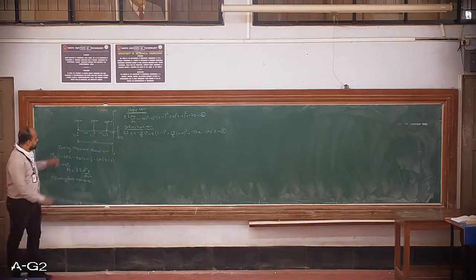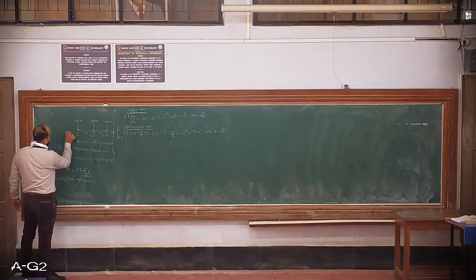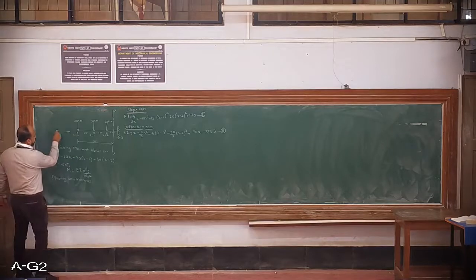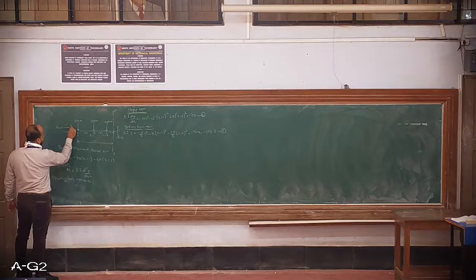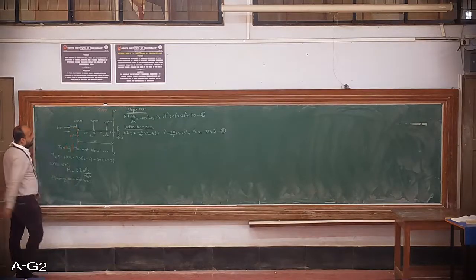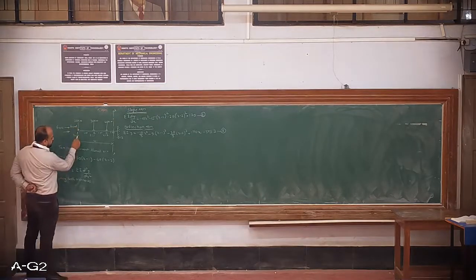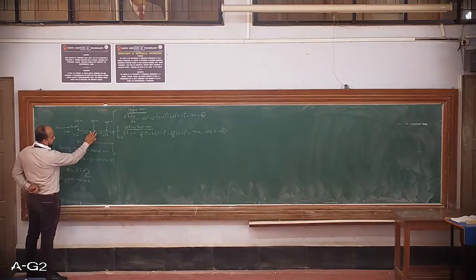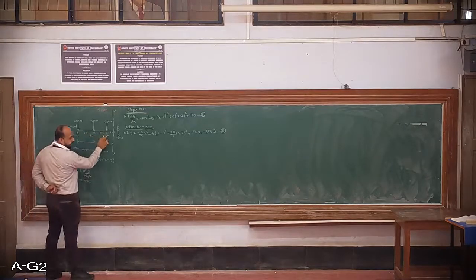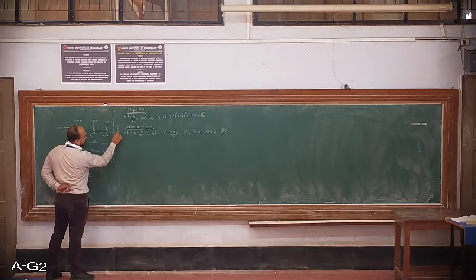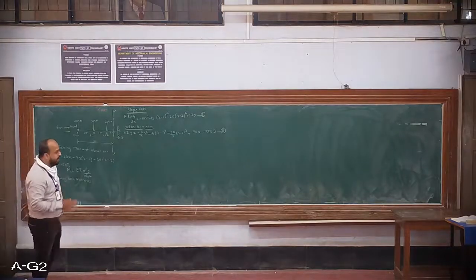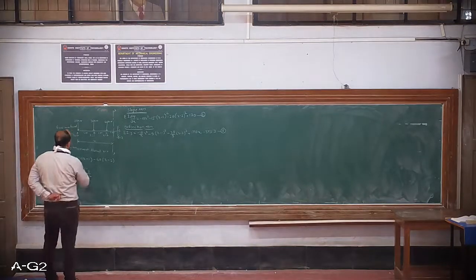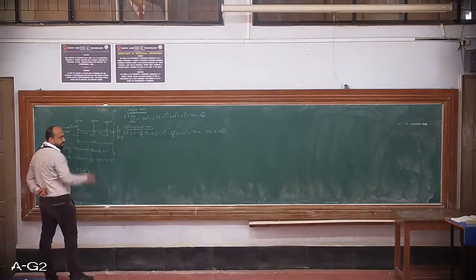That is, x is incrementing from right to left, from the free end to the fixed end. So x is 0 at A, x is 1 at B, x is 2 at C, and at the fixed end, which you can call D, x is equal to 3. In the problem they have clearly asked to find the deflection and slope at A, B and C.